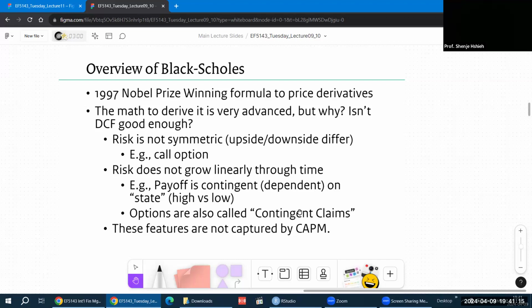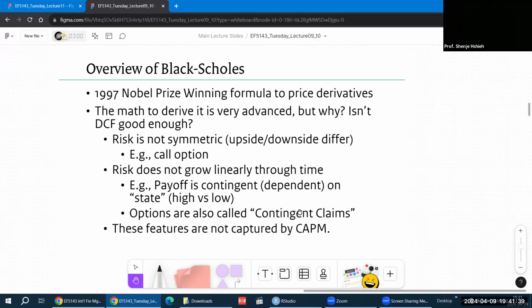Well, Black-Scholes is different because it involves pricing things based on states of the world. That's different from CAPM because in CAPM, risk is scaled linearly. We can see that right in our plots, in which our asset portfolio increases upward this way, downward this way.